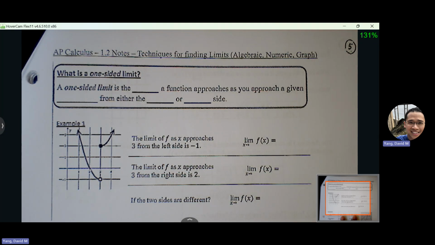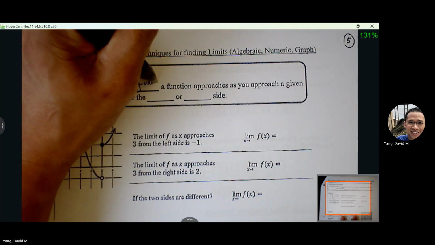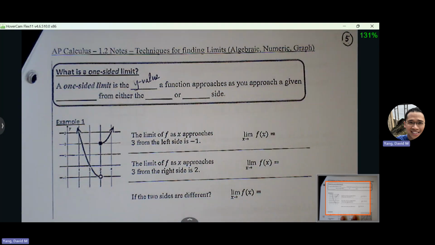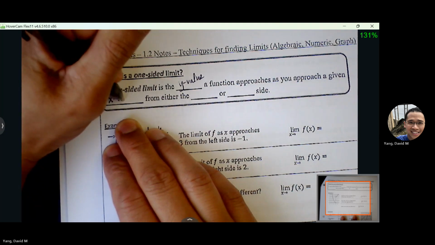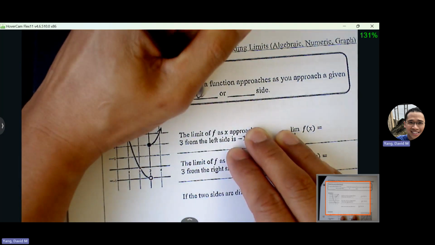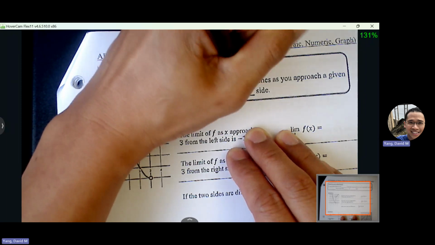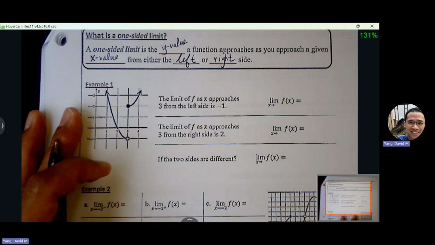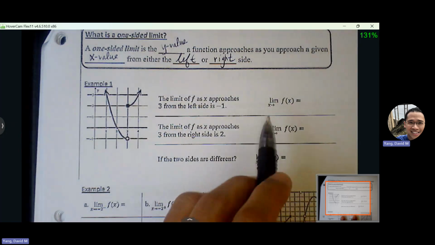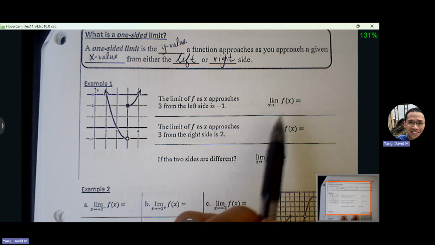So a one-sided limit is the y value a function approaches as you approach a given x value from either the left or the right side. And the notation that we're going to see with a one-sided limit is a plus or minus in the exponent location for that number.